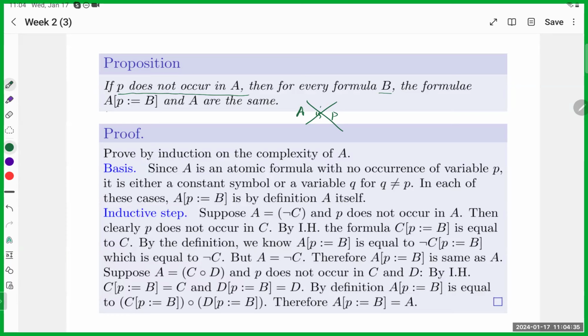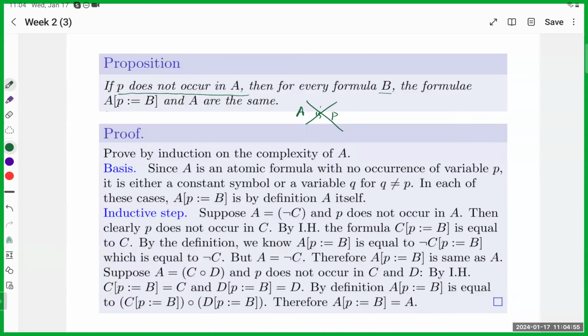So P is an atomic formula, but we are proving this for the formulas A that do not contain P as a subformula. That means P does not occur in A. So A cannot be P.